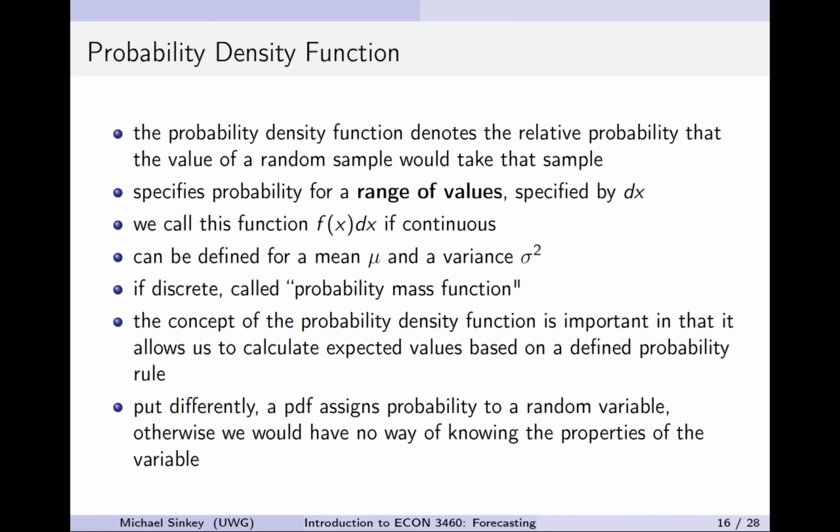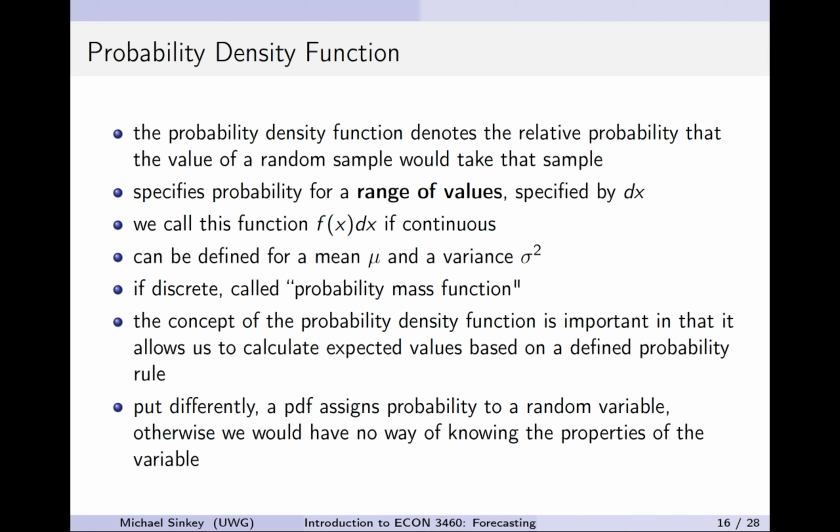And what the probability density function does that differs from the cumulative distribution function is that the probability density function is a description of the mapping of the probability to a particular outcome. So think of it as the assignment rule. The cumulative distribution function just tells us, hey, take a look at these outcomes.